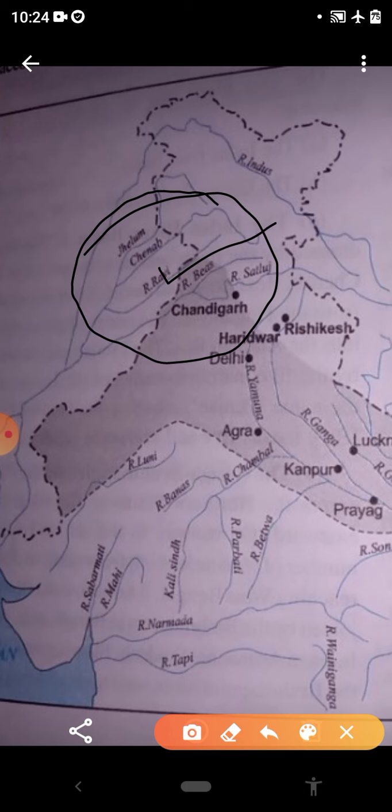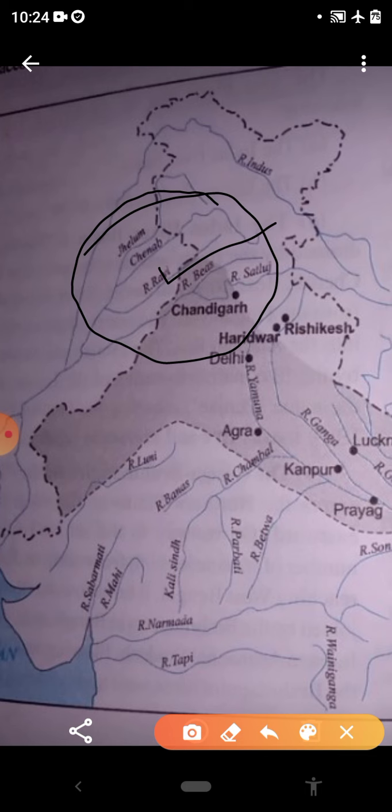It is formed by the river Indus and its tributaries like the Jhelum, the Chenab, the Ravi, the Satluj, and the Beas. This region has many doabs, that is the area between the two rivers. Do means two, ab means river. The larger part of this basin is in Pakistan.